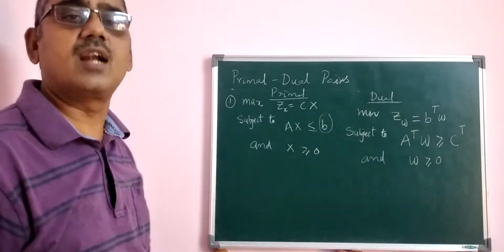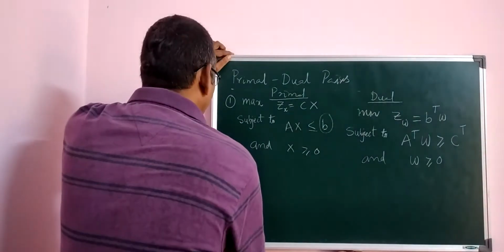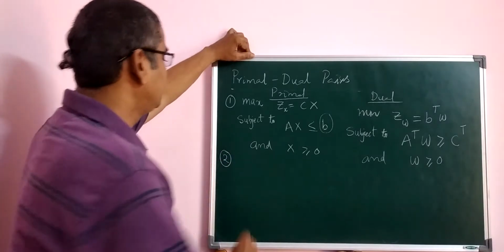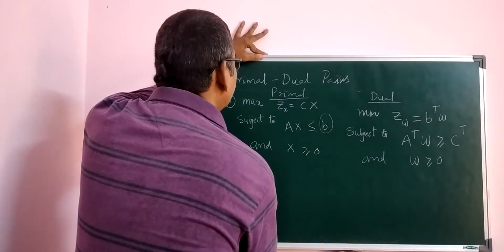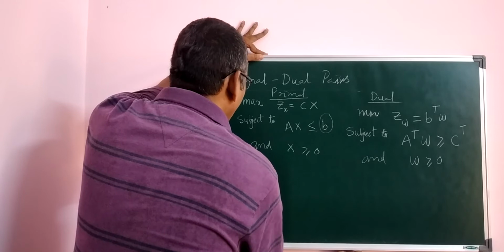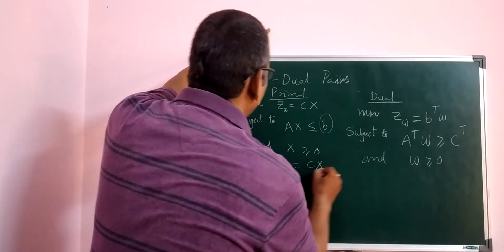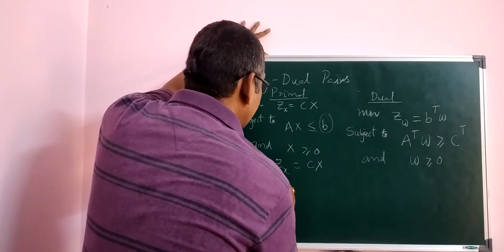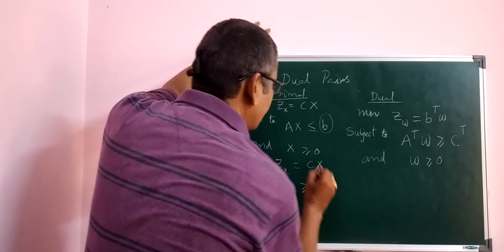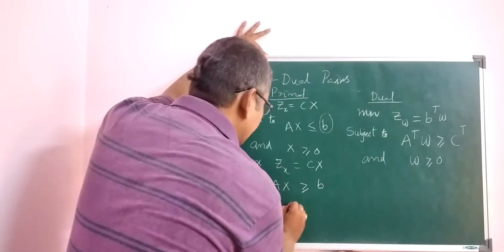Now I consider another form. Maximization, z = cx, subject to the constraints Ax greater than or equal to b, and x greater than or equal to 0.